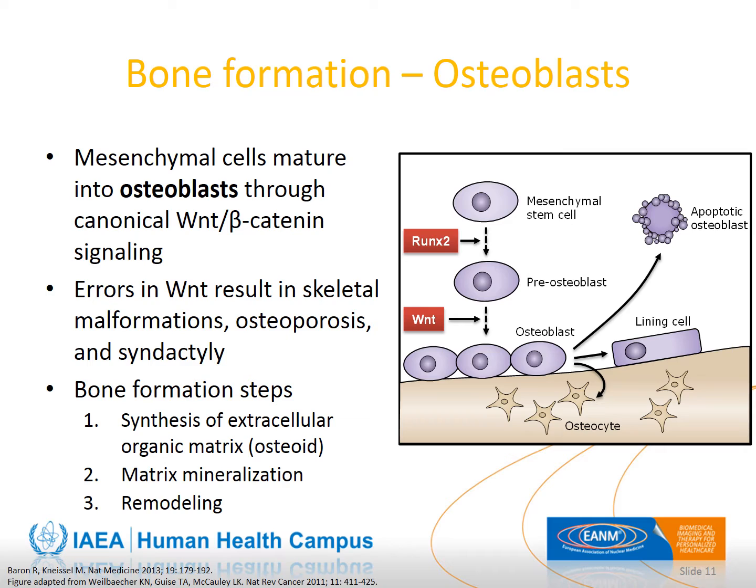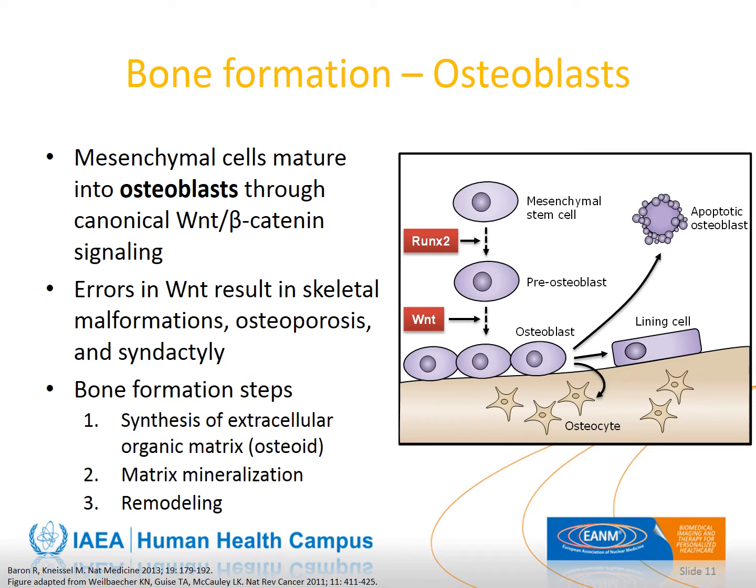By the subsequent expression of the transcription factors RUNX2 and Osterix, the pre-osteoblast will mature into functional osteoblasts, protecting the cell from further differentiating to adipocytes. Interestingly, genetic errors in Wnt signaling pathways give rise to skeletal malformations, osteoporosis, and syndactyly, both in murine models and humans.